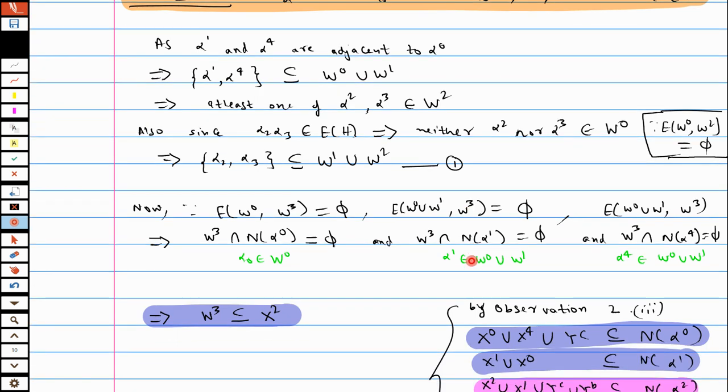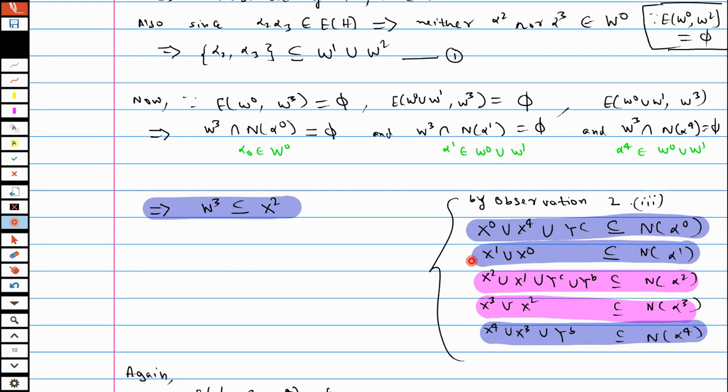Now, if you look at these observations that we made earlier, if you look at only the blue ones, these blue ones are alpha 0, alpha 1, and alpha 4. And I know that W3 doesn't intersect with any of these.